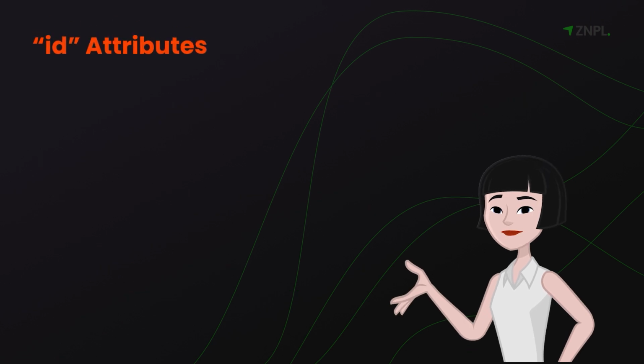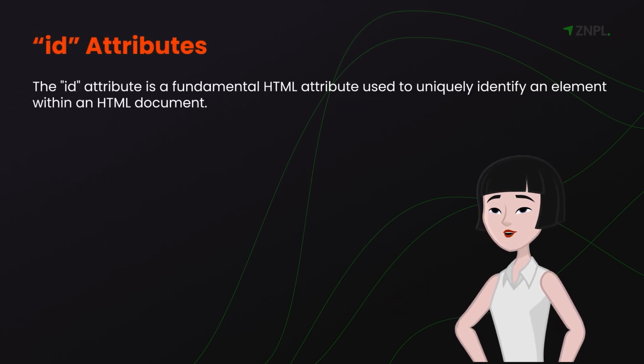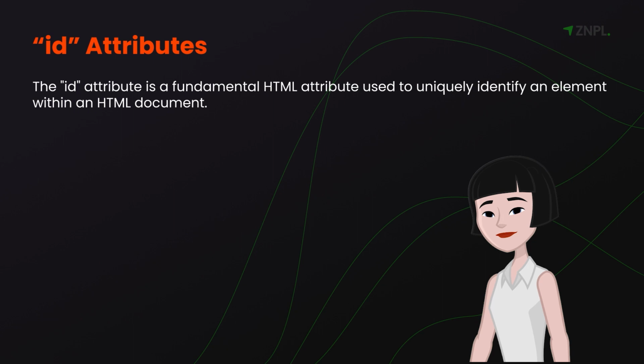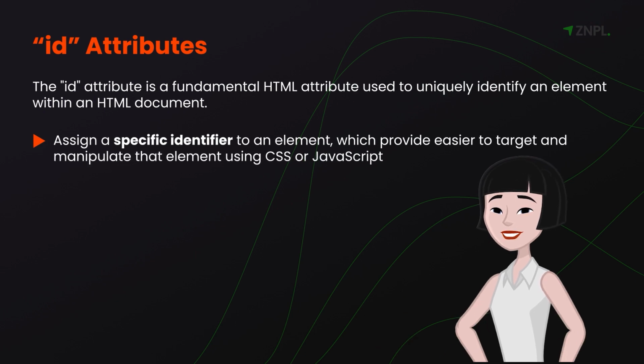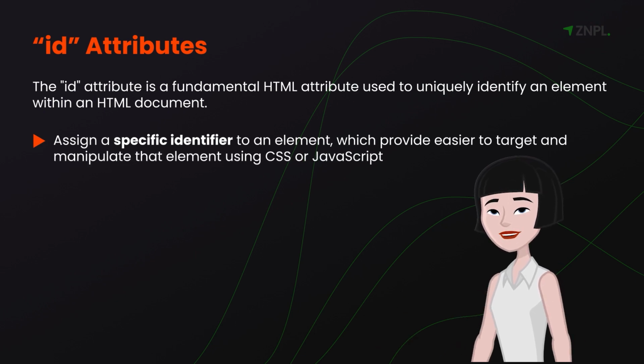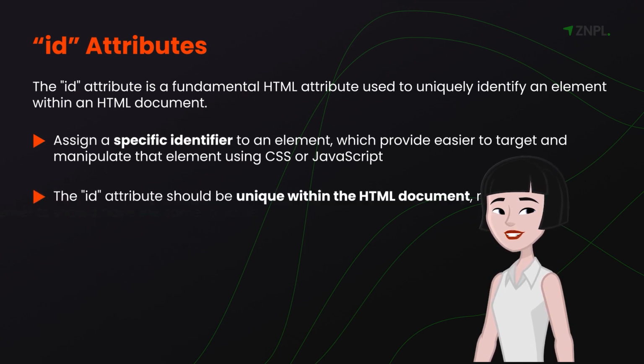ID attribute. The ID attribute is a fundamental HTML attribute used to uniquely identify an element within an HTML document. It allows you to assign a specific identifier to an element, making it easier to target and manipulate that element using CSS or JavaScript.